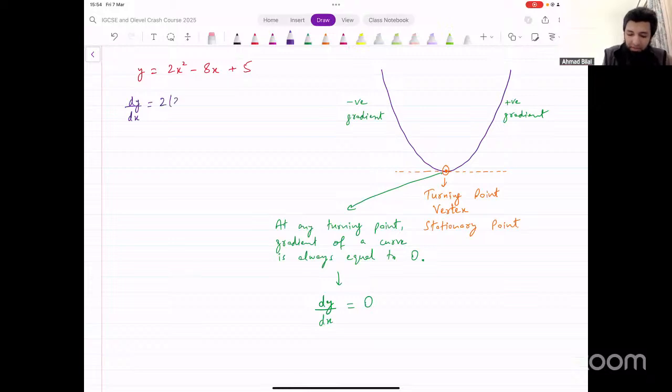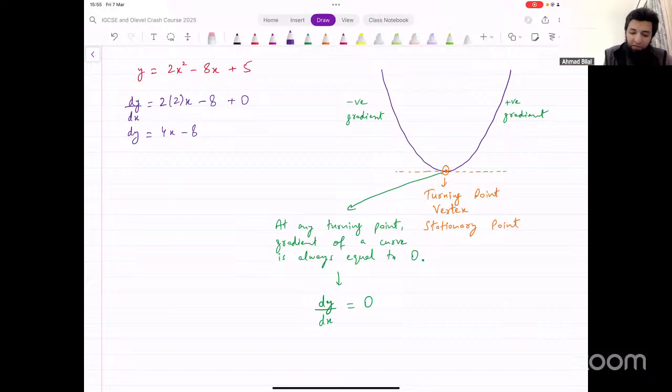The 2 becomes x power 1, so subtract 1 from the power. Minus 8x: what's the derivative of minus 8x? It's x power 1, so the derivative is just the number outside, which is minus 8. The derivative of 5 is just 0. You can just ignore that or put 0 if you want. And the derivative turns out to be 4x minus 8.